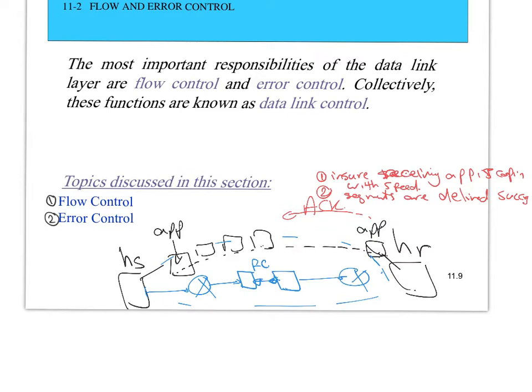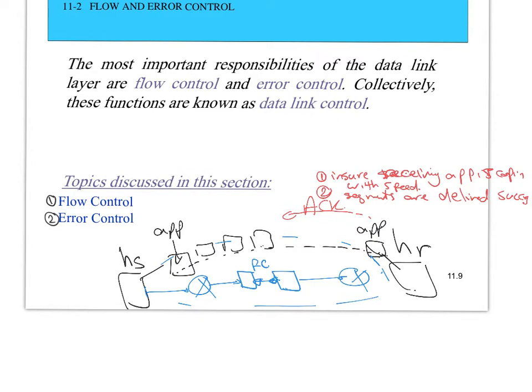Okay, so in the flow control, the sender regulates the speed to avoid overwhelming the receiver. In congestion control, the sender also regulates the speed to avoid congesting the network. Exactly.